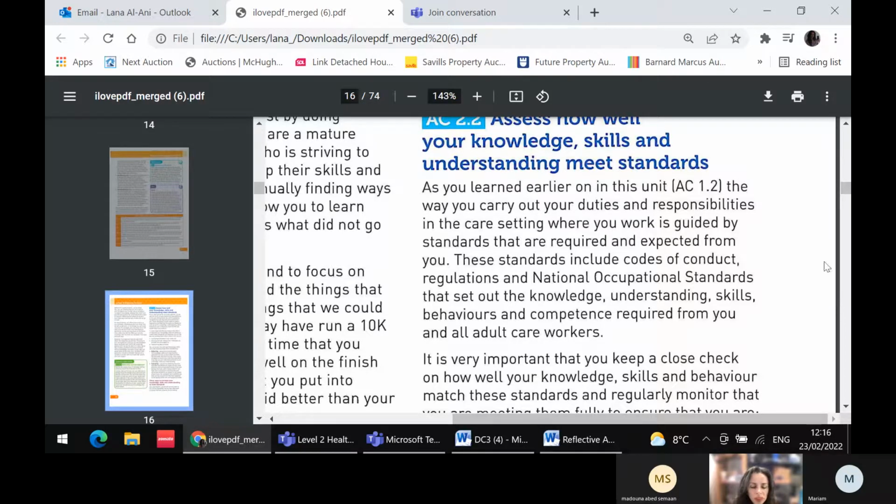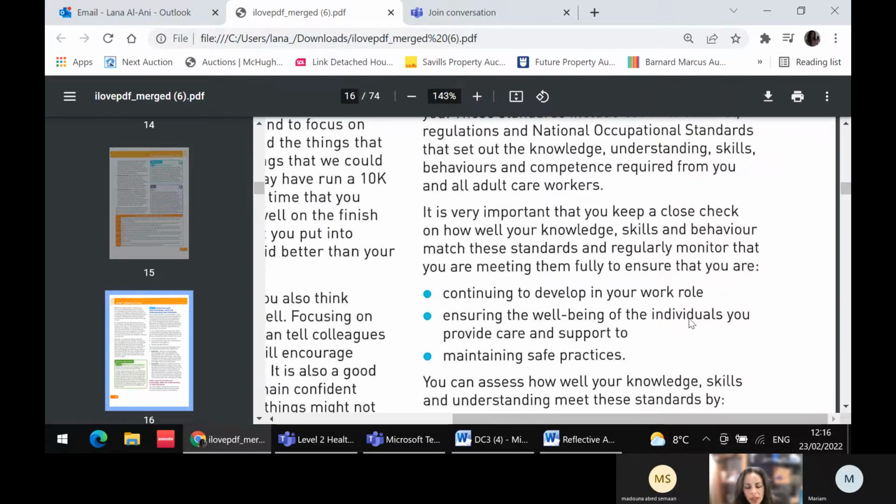So it is very important that I keep closely checking my knowledge, my skills, and abilities, because this is continuous development for me, for my work, and also to ensure that my clients are always safe. I always make sure of their well-being, and also maintain safe practice. So the environment is safe, my practice is safe.